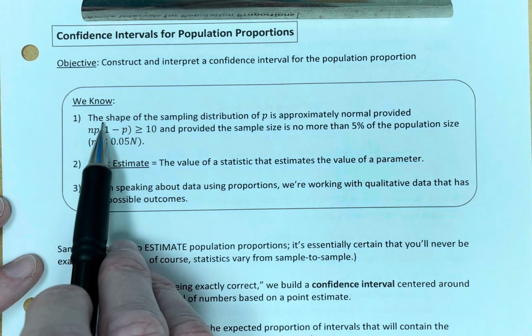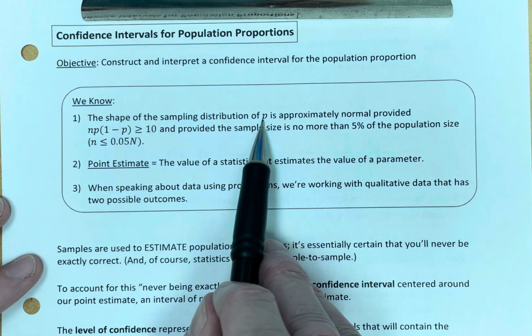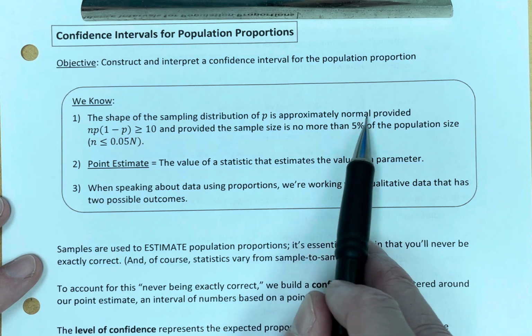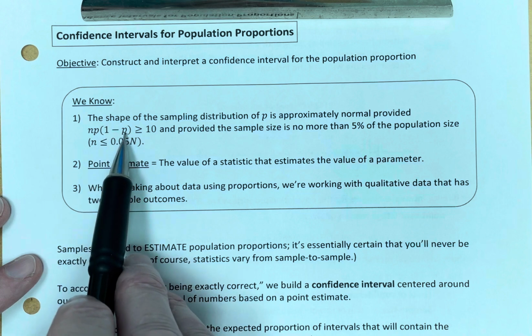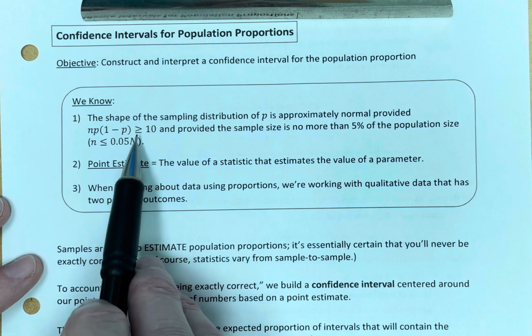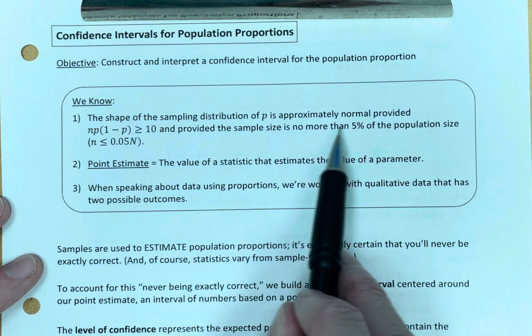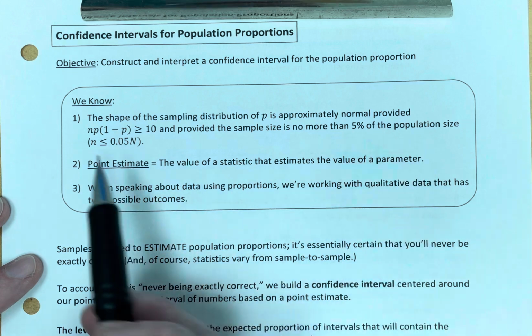We know that the shape of a sampling distribution of p̂, the sample proportion, is approximately normal provided n times p times 1 minus p is greater than or equal to 10, and provided the sample size is no more than 5% of the population size.